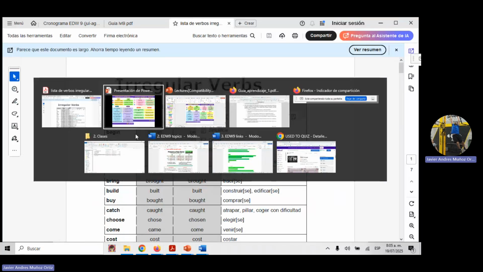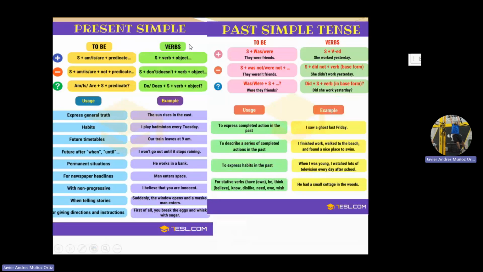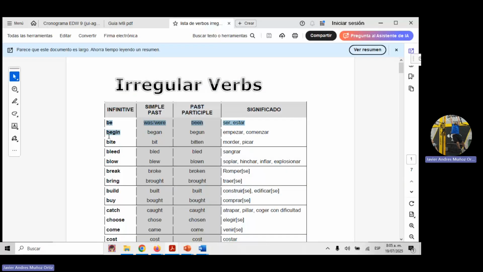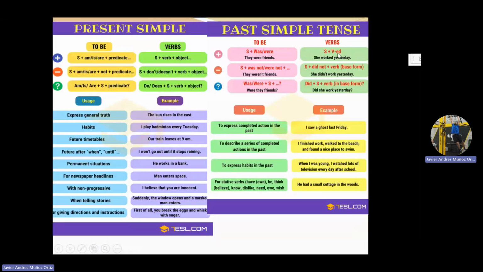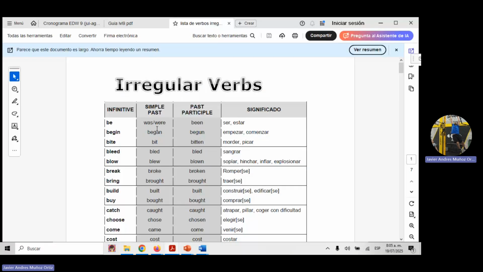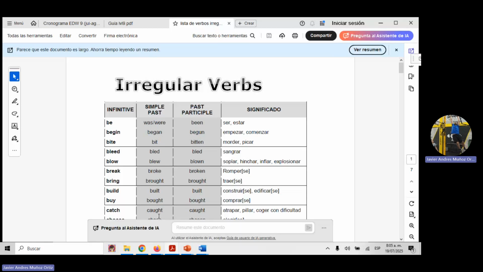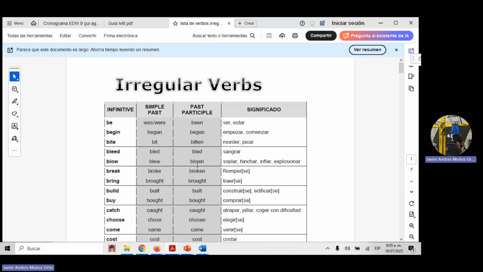We also mentioned that in simple present tense, in affirmative sentences, we use the infinitive form, the column number 1. However, in simple past tense, in affirmative sentences, we use the word located in the second column. So: broke, bought, caught, achieved, controlled, and so on.